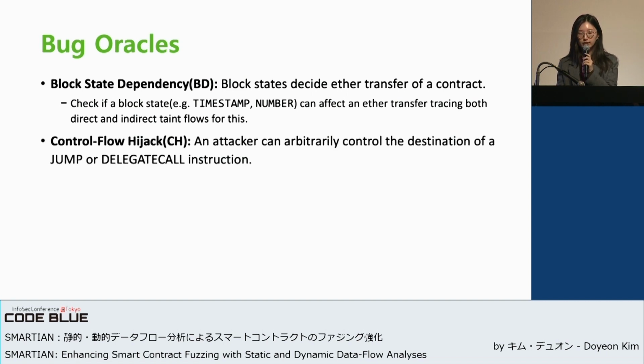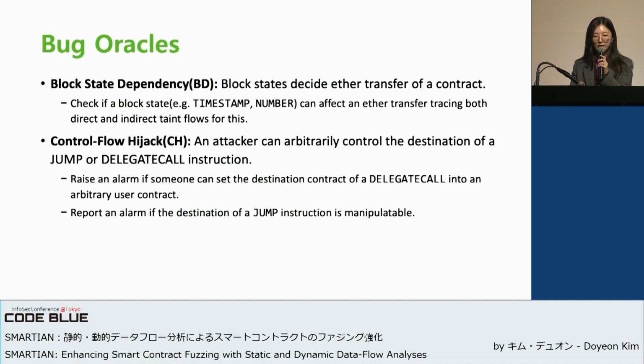Next is control flow hijack. It occurs when an attacker can arbitrarily control the destination of a jump or delegate call instruction. So we raise an alarm if someone can set the destination contract of a delegate call to an arbitrary user contract. It also reports an alarm if the destination of a jump instruction is manipulatable.